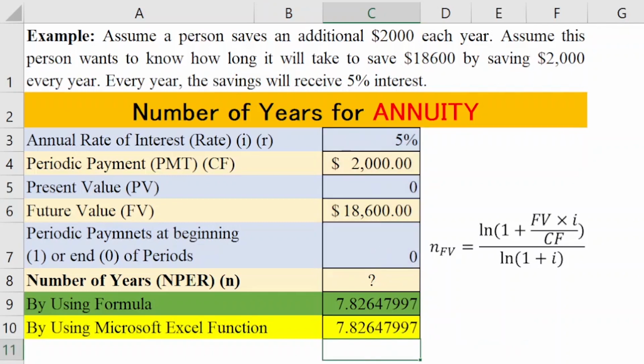So we will get the same answer, that is 7.826 years to increase your amount to 18,600 if you deposit 2,000 each year and earn 5% interest rate.